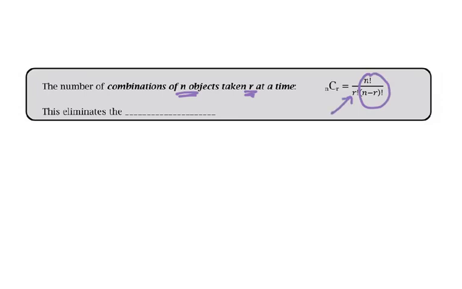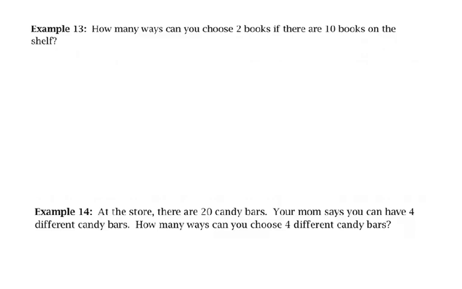What this is, you'll recognize it from the circular objects or the arrangements of the words in Mississippi. That's taking away the different duplicates that we have. So eliminating the duplicates is what the combinations formula does.